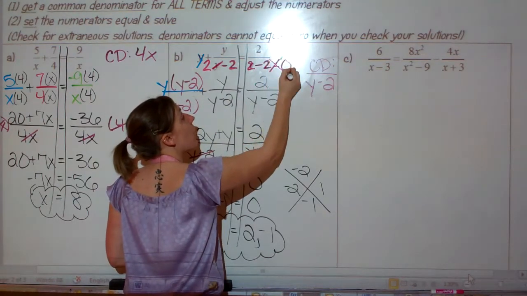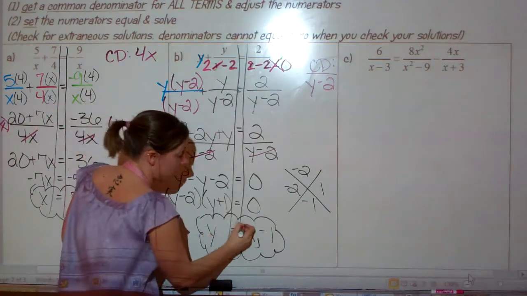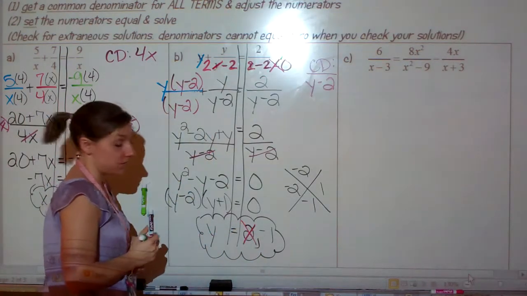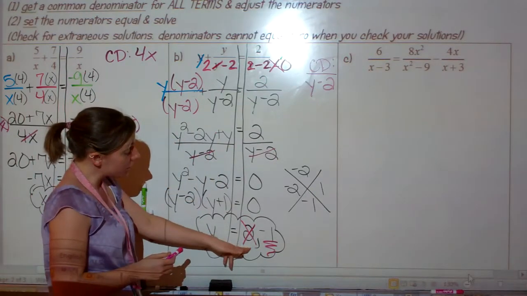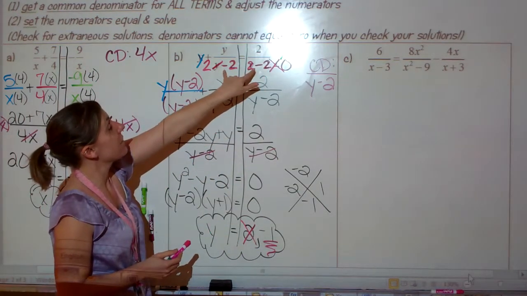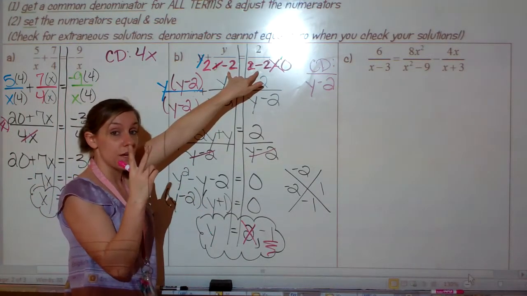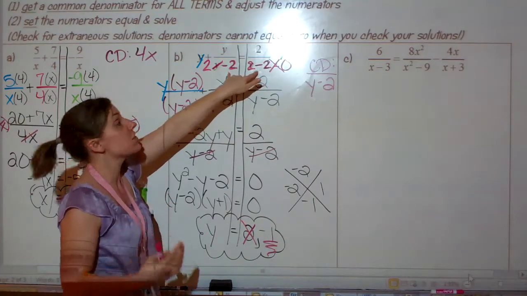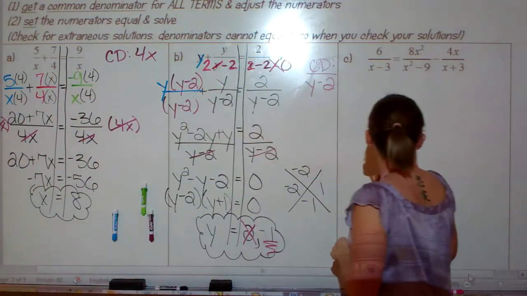We do not want that. Okay? We cannot ever have a 0 in the denominator, so that is not our answer. The only one that is our answer is that one. So always just make sure that that number does not give us a 0 down in the denominator. So even though there should be 2 answers, one of them didn't work. It's extraneous. It's an extra answer that actually doesn't work out for us.